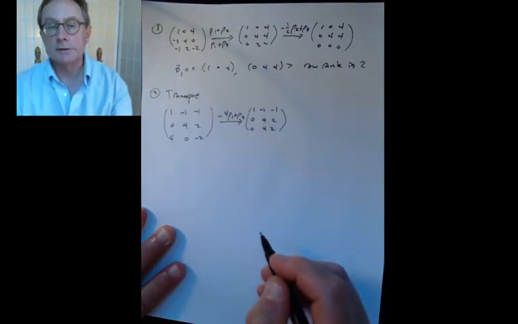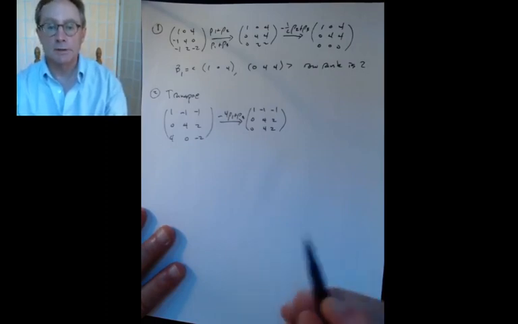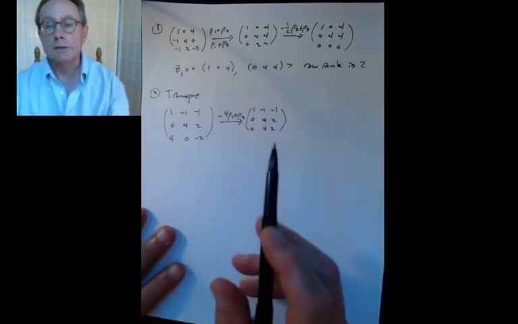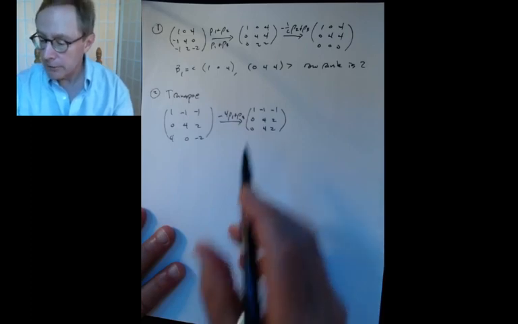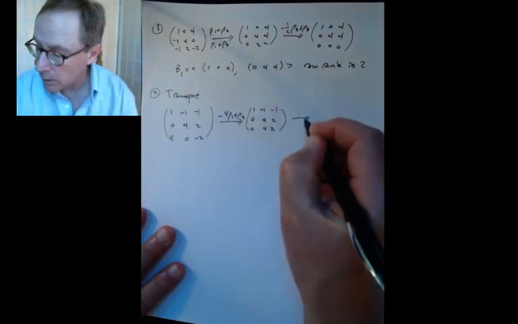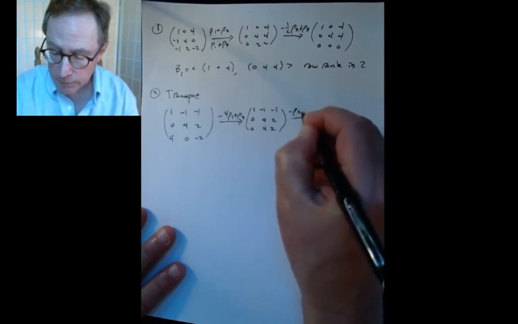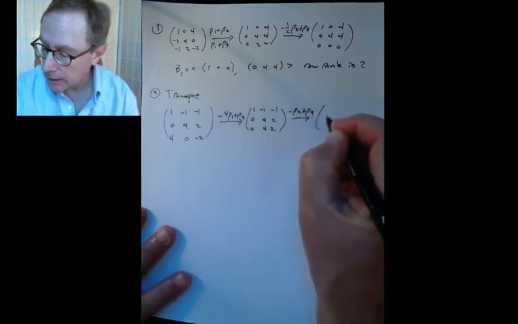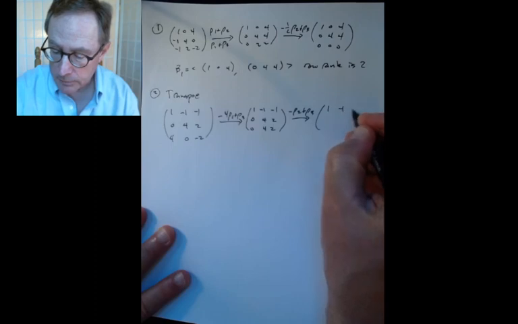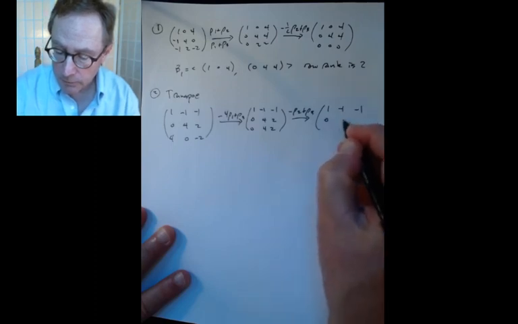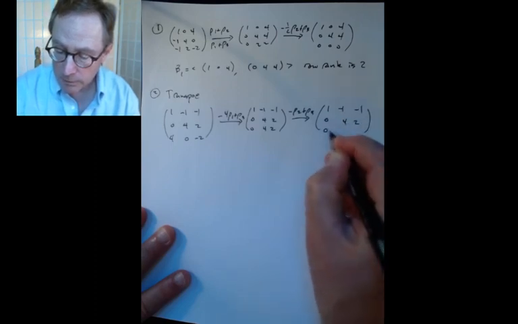And again, a person spots that there is a redundancy; it was a column, but now it's a row. There was a redundant vector here, and so here we go, we take minus row 2 plus row 3, and get 1, minus 1, minus 1, 0, 4, 2, 0, 0, 0.